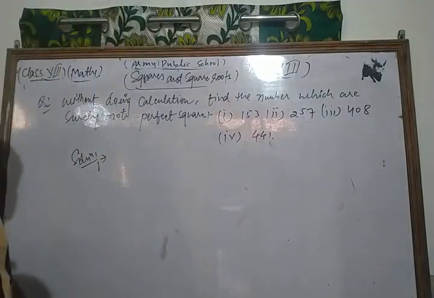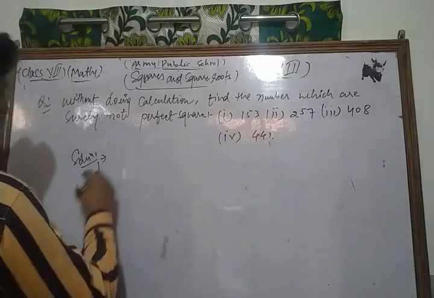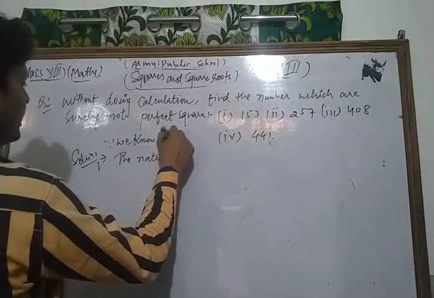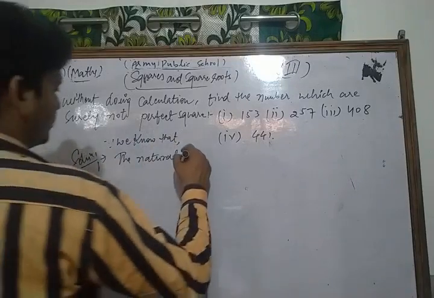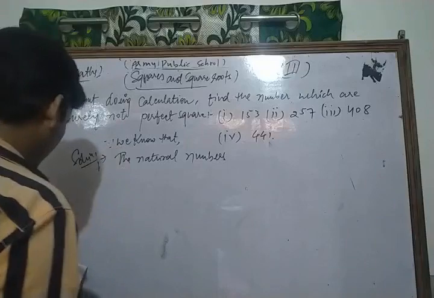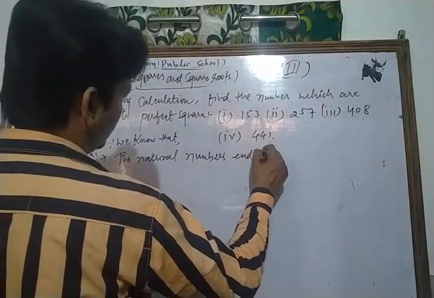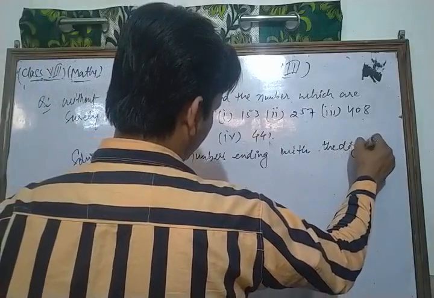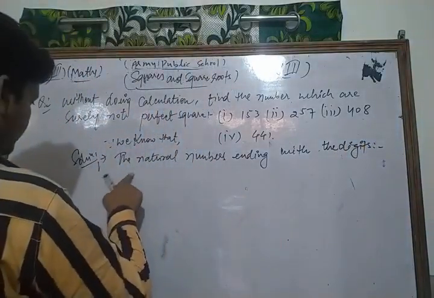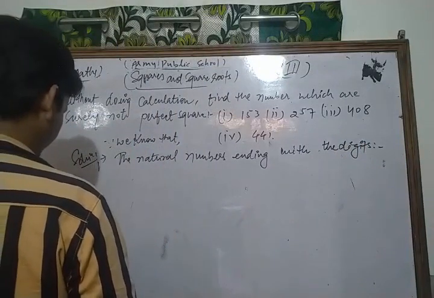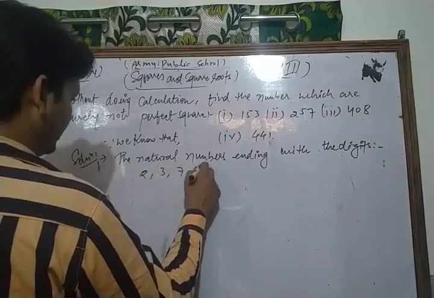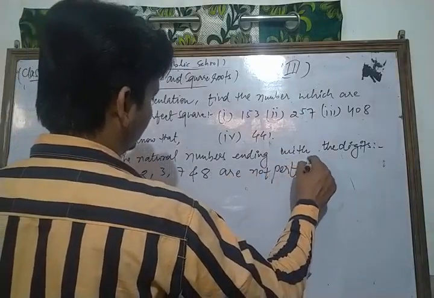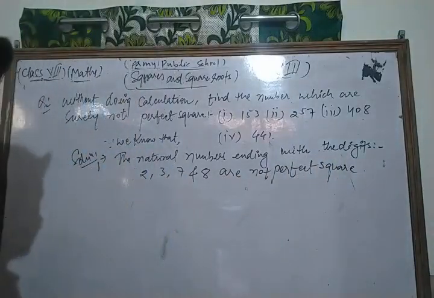Please note down that since we know, dear students, that the natural numbers ending with the digits 2, 3, 7, and 8 are not perfect squares.